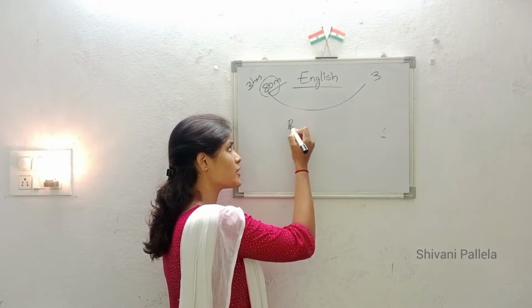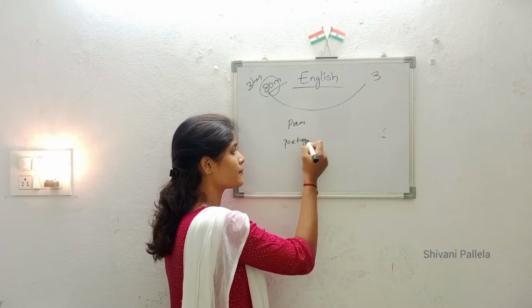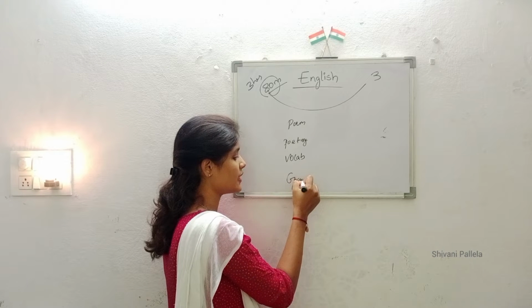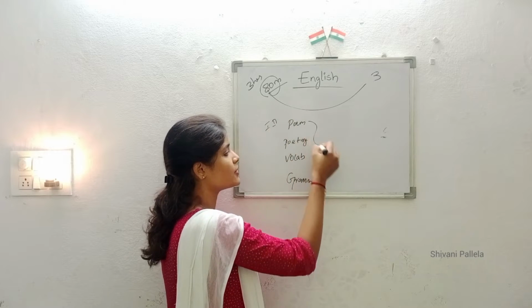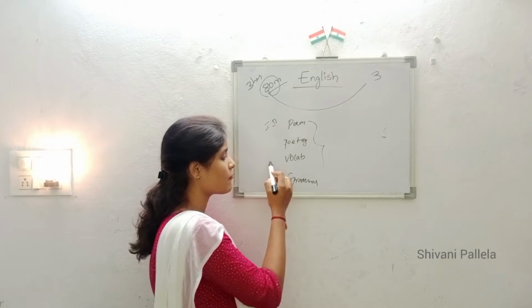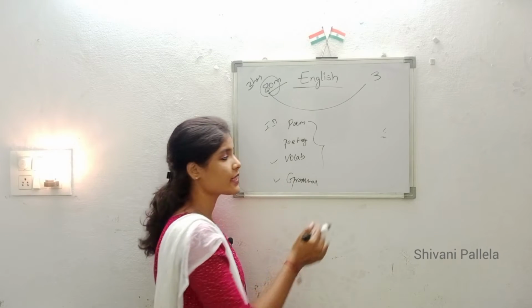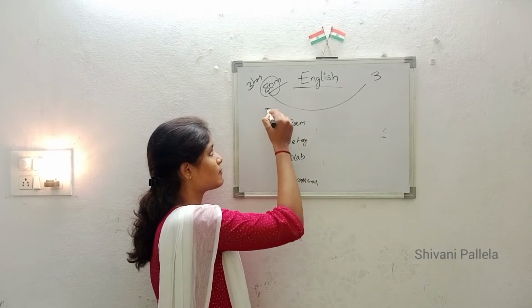In every unit, poetry will be there, vocabulary will be there, grammar will be there. In the first and second units you will have this. In the third unit you will have vocabulary, grammar, another vocabulary consisting of filling, and a book review.